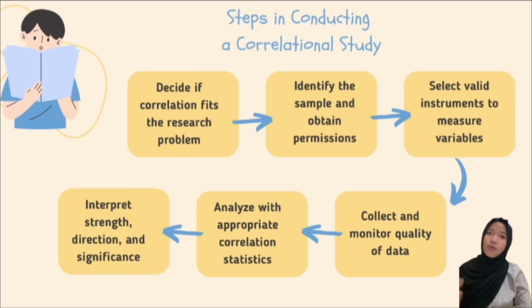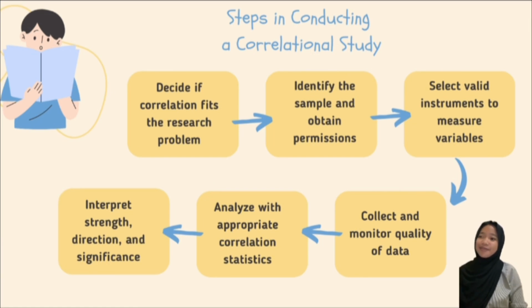Next, we learn about the steps in conducting a correlational study. There are six essential steps. First, determine if a correlational study fits your research problem. Second, define your sample and seek necessary permissions. Third, identify a valid instrument to measure your variables.